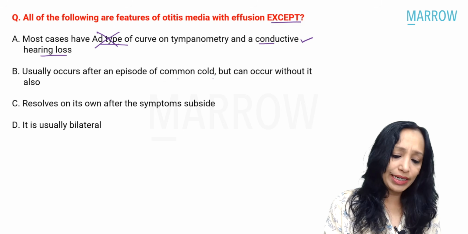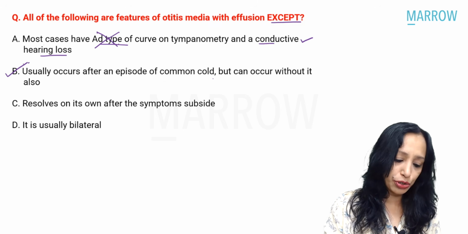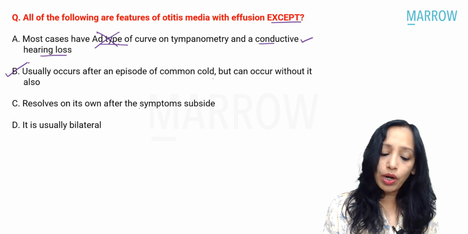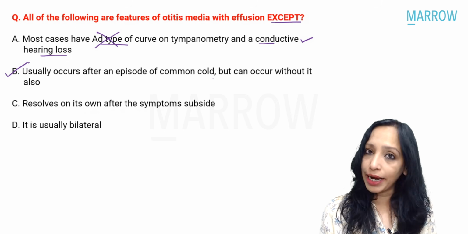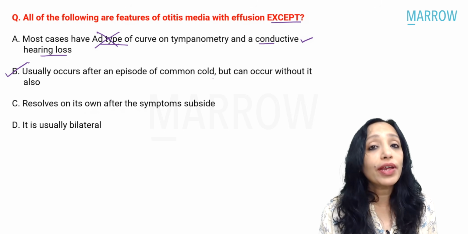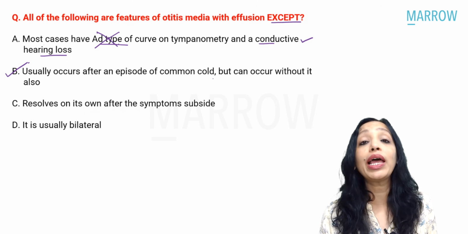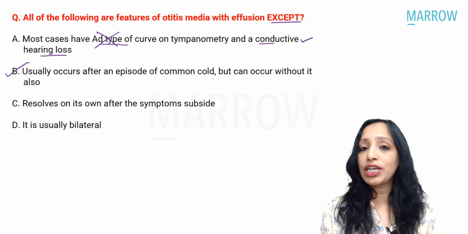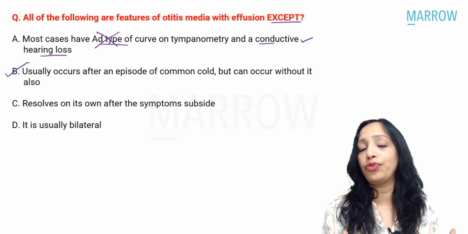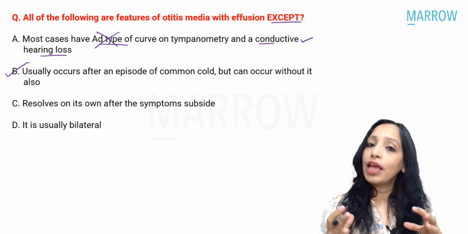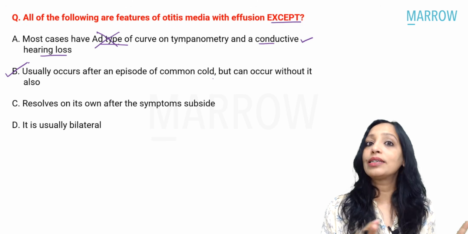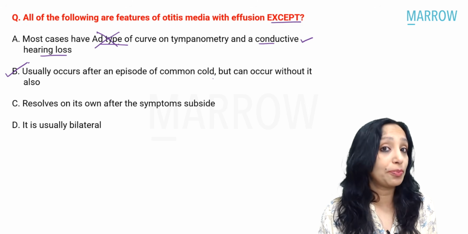So, it can occur following common cold, which is true. It resolves on its own after the symptoms subside. So if it has followed a viral infection, or if it has followed allergic hypertrophy of the adenoid, then once this condition subsides, the serous otitis media will also subside.